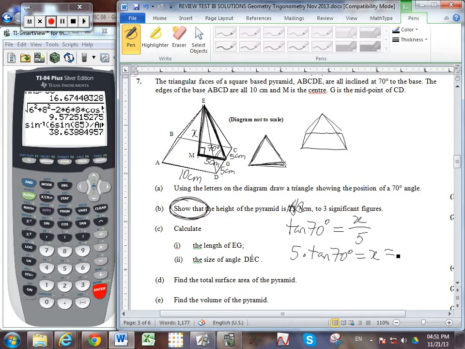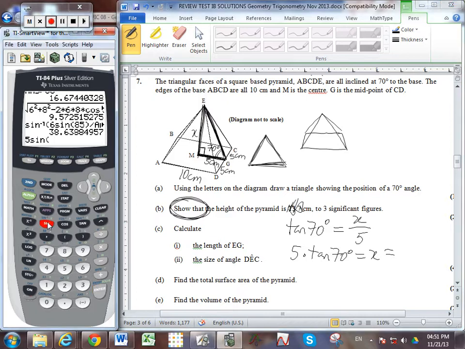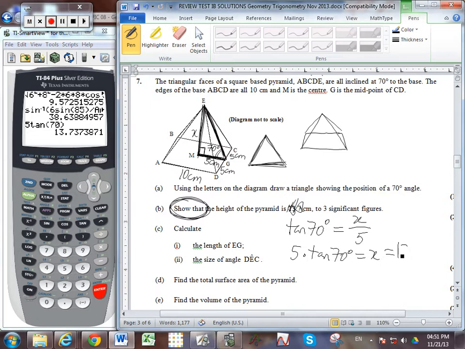5 times the tangent of 70 degrees is 13.74 approximately. I'll round it to 3 significant figures, and I'm dealing with the unit of centimeters. So there is my height, and that's exactly what I was supposed to get, isn't it?